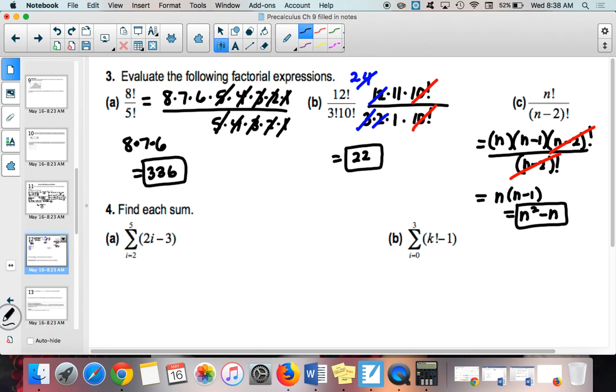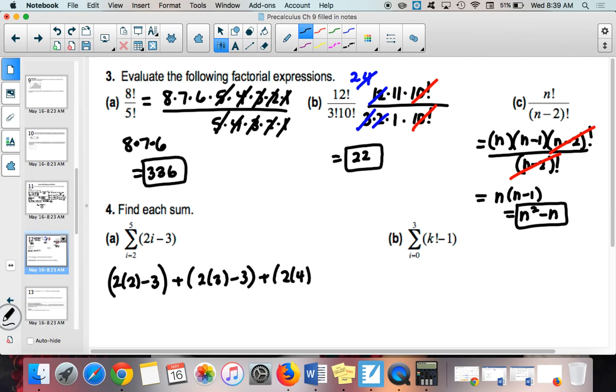So let's do it. So if I plug in 2, I get that number. If I plug in 3, I get this number. If I plug in 4, I get this number. And if I plug in 5, I get this number. So you don't have to write it out that way. Like you could easily say, oh, if I plug in 2, I have 4 minus 3, which is 1.